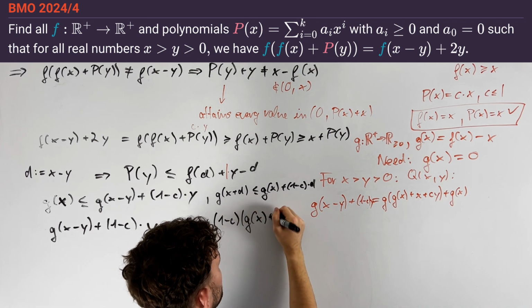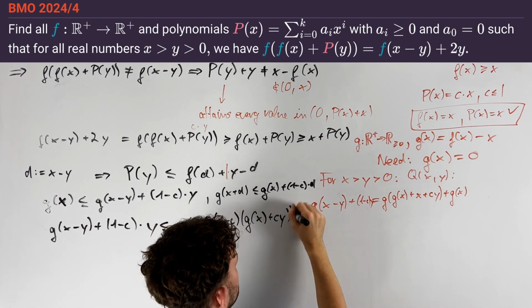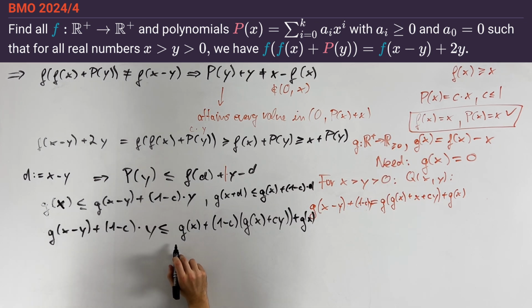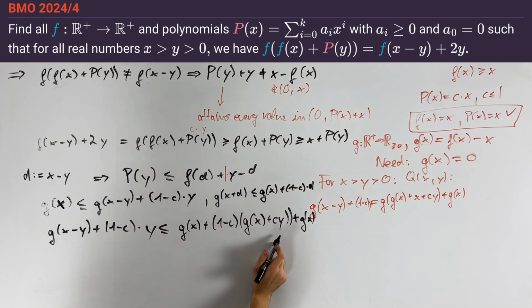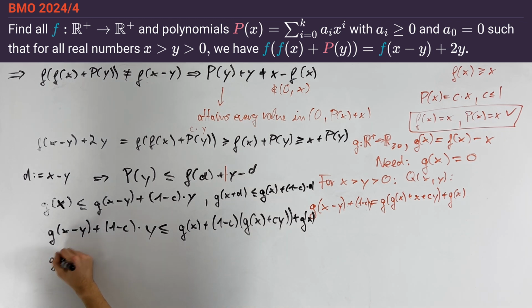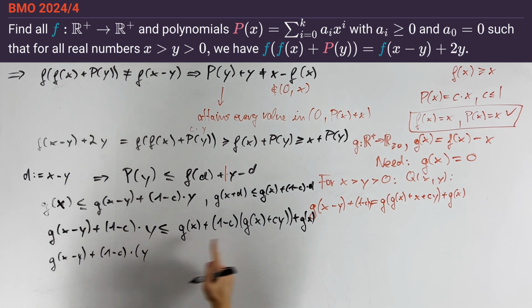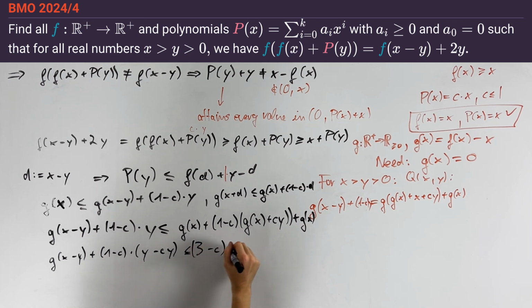and then plus g(x). Now we only have terms involving g(x) or y on the right, and we can bring those y terms to the left to obtain that g(x - y) + (1 - c)y - cy is less than or equal to 3g(x) - c g(x).